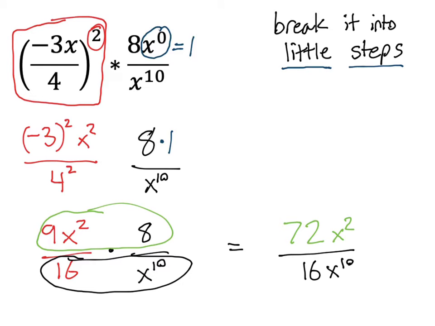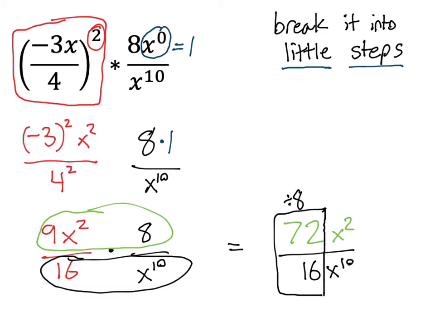Then from here, we need to simplify this fraction to get our final answer. So let's look at the coefficients and then the variables in this fraction. For our coefficients, the fraction 72 over 16 can be reduced if we divide by a common factor. The greatest common factor of 72 and 16 is 8.